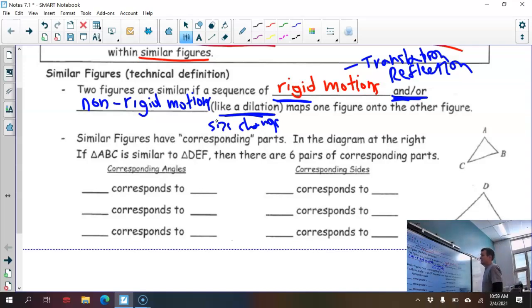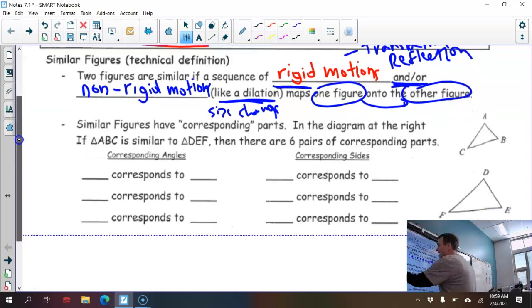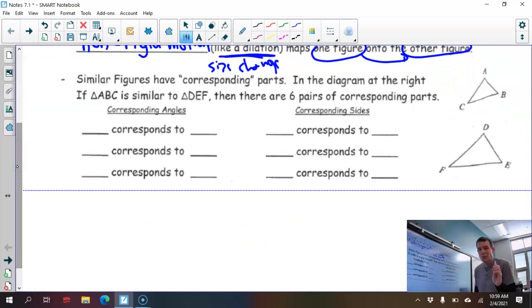So similar figures are if there is a rigid motion or non-rigid motion that maps one figure onto another figure. So if you can reflect and then do a dilation, those are similar figures. That is the official definition. We don't use it a lot.